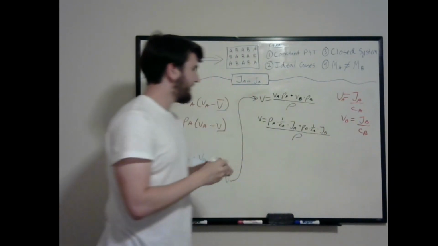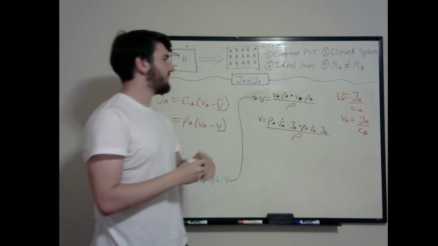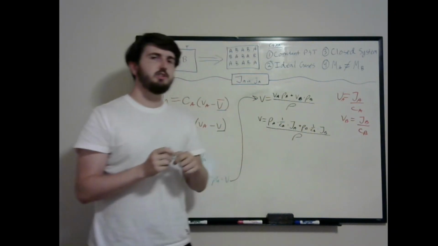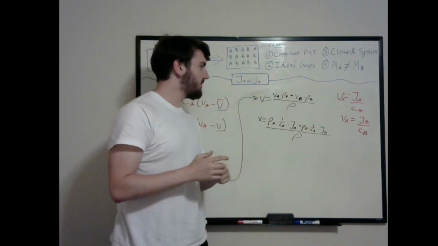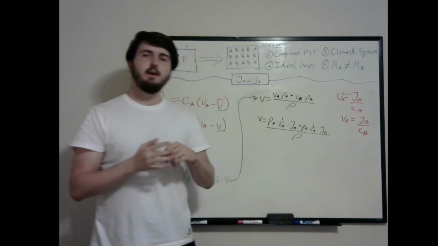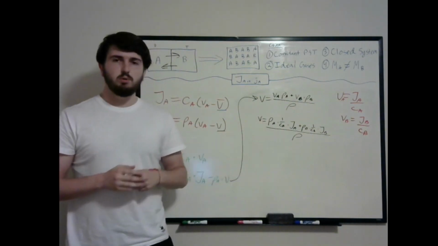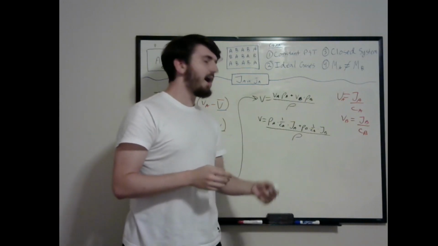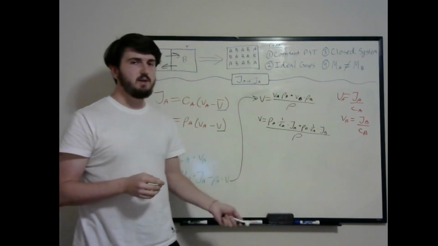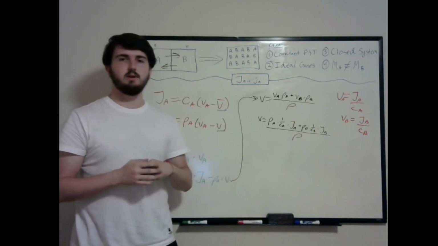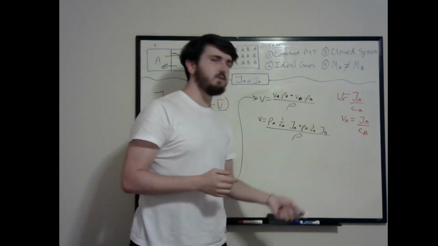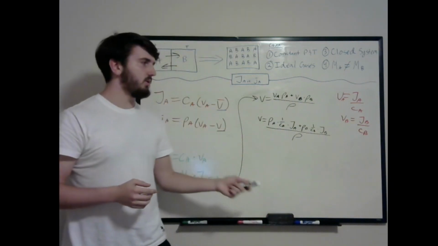So now we have that the total mass average velocity is equal to the mass concentration of A times 1 over the molar concentration of A times the molar diffusive flux of A, which is added to the mass concentration of B times 1 over the molar concentration of B times the molar diffusive flux of B, all over the total density.